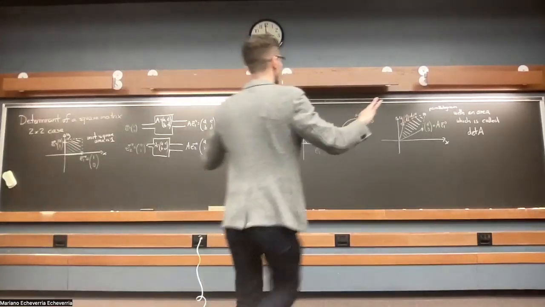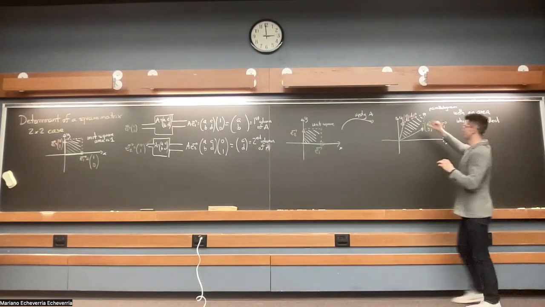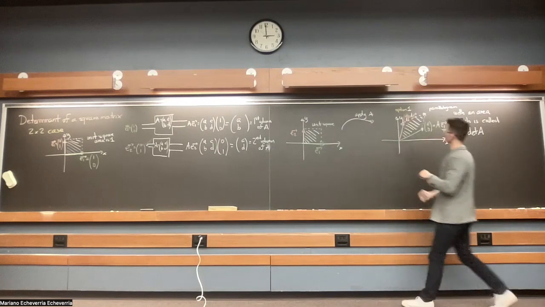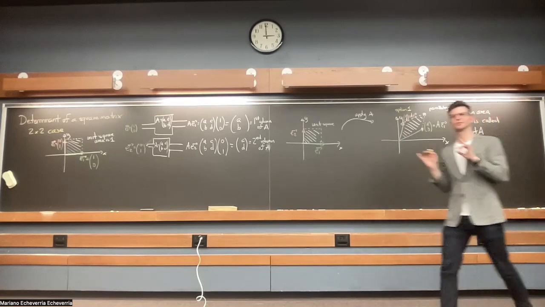Let's call this option one, the first possibility for what this picture can look like. There are actually two other reasonable things you could have drawn here.